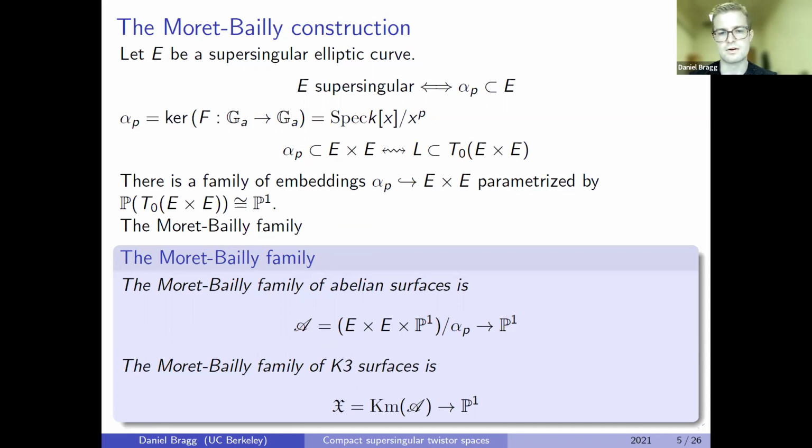Given this family of abelian surfaces, you can now make a family of K3 surfaces by taking the associated Kummer surface above each point. So this is a construction of a smooth family of supersingular K3 surfaces over P1, in a really pretty, direct and beautiful geometric way.